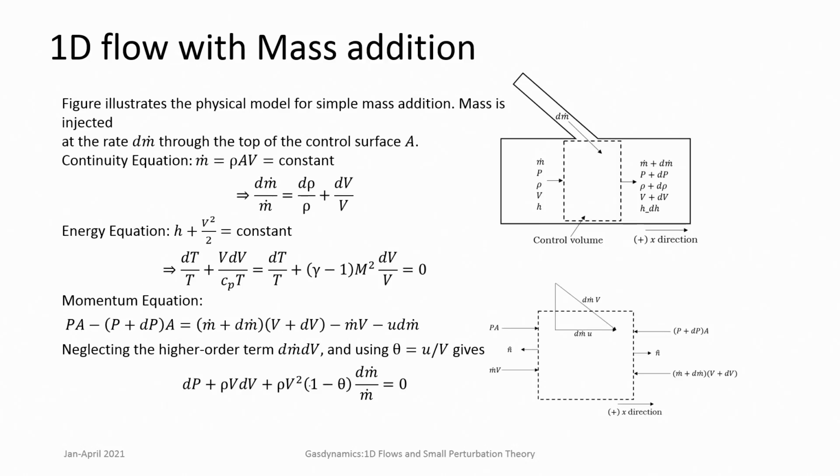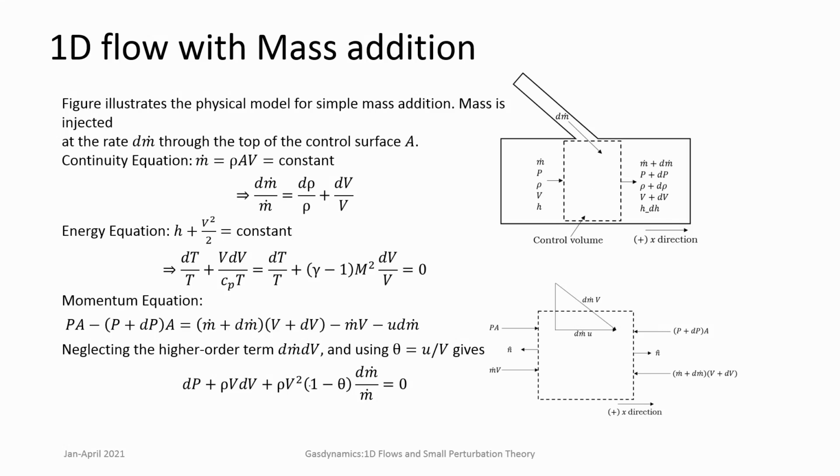Before we go there, we will just quickly look at what happens when there is mass addition, without going much into details, because now this process of doing a quasi 1D analysis with a control volume must have become quite familiar, and you can do this continuously.